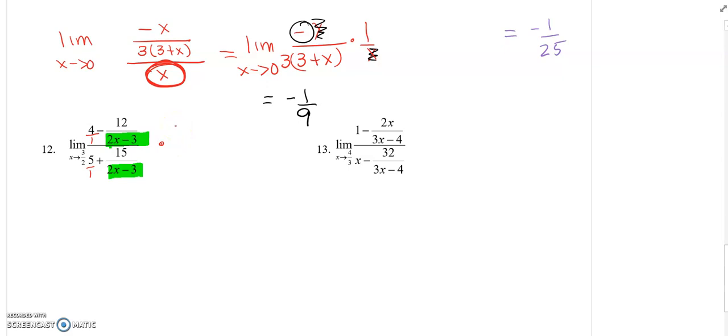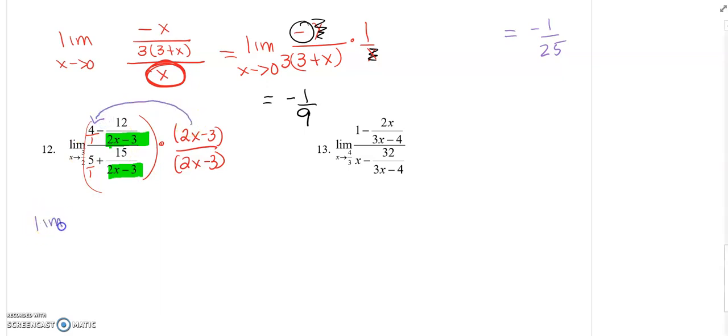I can only multiply an expression by a value of 1, by the way. So I can be very clever about it. It's not an equation. I can't balance it. So it can only be multiplied by 1. So I am multiplying it by 2x minus 3 over 2x minus 3. And this is going to clean up nicely.